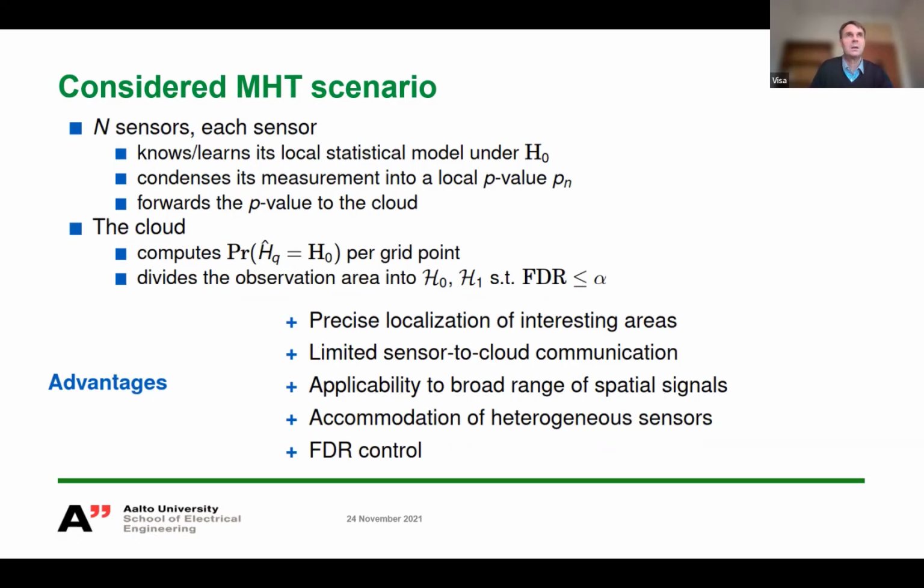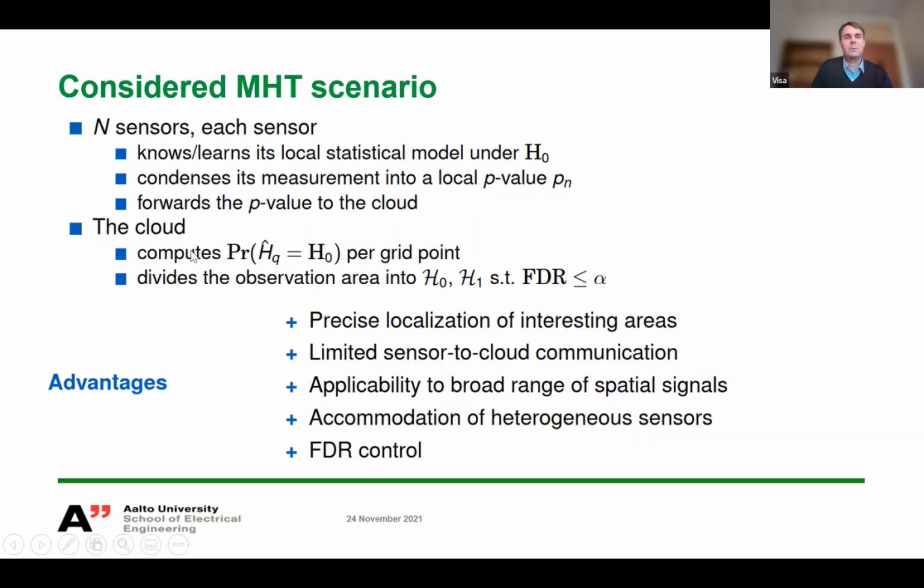It basically means that your sensor could, for example, observe noise only in its location, with no signal present there. The sensor is then able to condense the observed information into a local p-value, and these p-values are communicated to the fusion center or cloud.